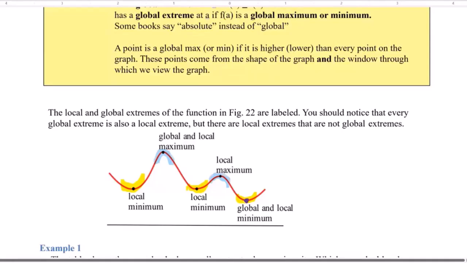These are local max and mins. The global maximum or global minimum is the highest and lowest point on the graph. For example, this is the highest point and this is the lowest point. That's why they're global max and mins.